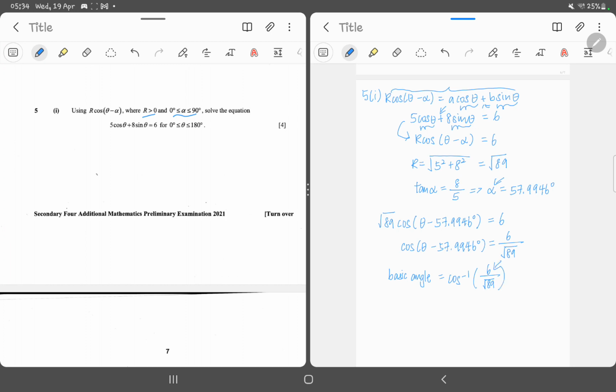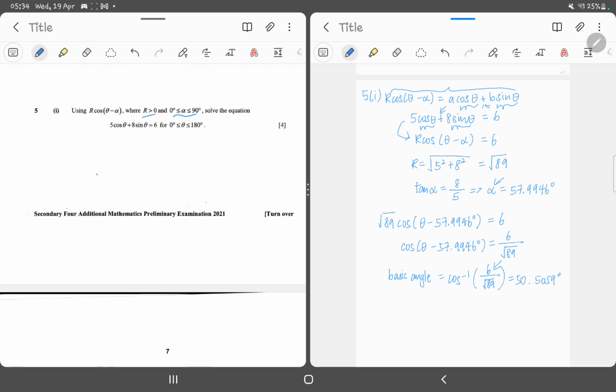Remember the value here must be positive. So this equals 50.5059 degrees.